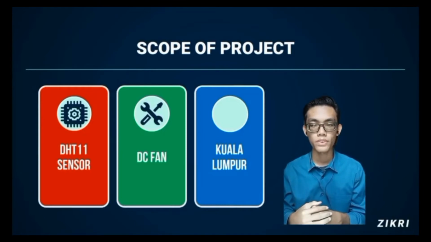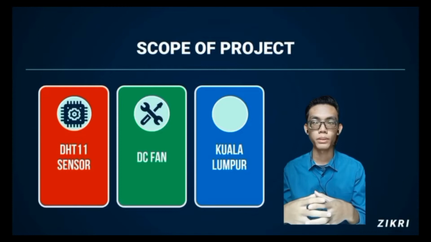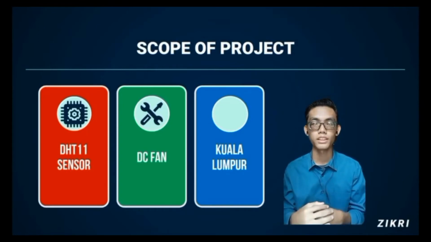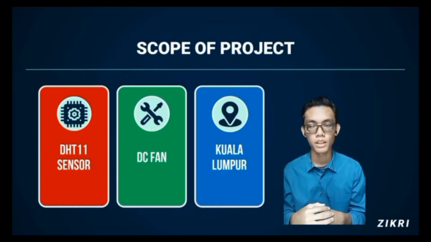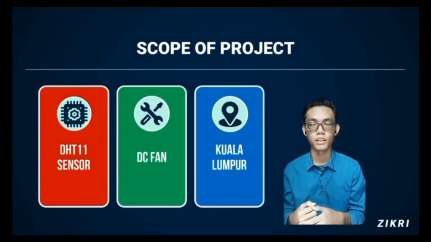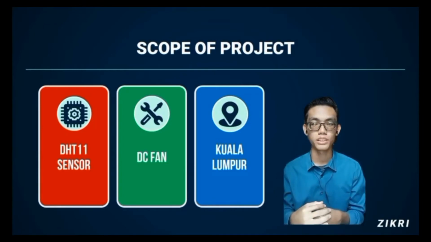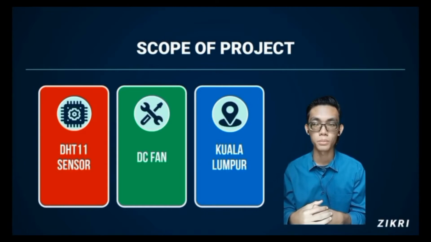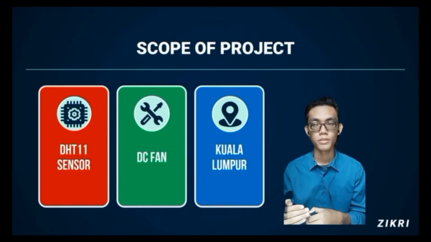And also since we are explaining the terms of heat, we are using a specific place, which is Kuala Lumpur, because we have done our research that says that Kuala Lumpur is having issues with temperature, which is known as urban heat island, and this actually affects the citizens there.